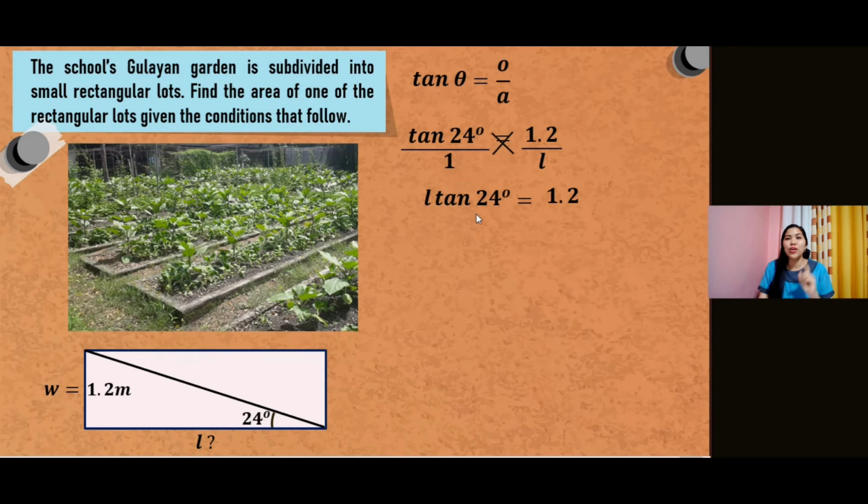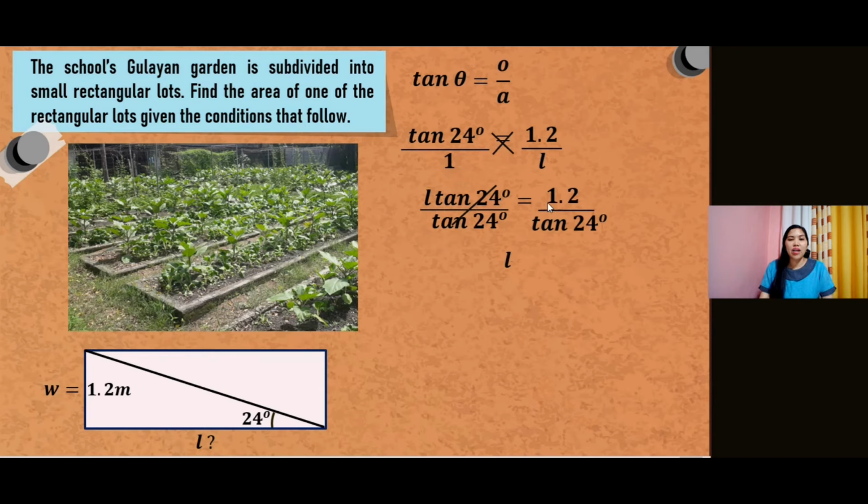Since we're looking for L, what are we going to do to isolate L on the left side of our equation? We are going to divide both sides by tangent of 24 degrees. So this is canceled out here. What's left? You have your L.